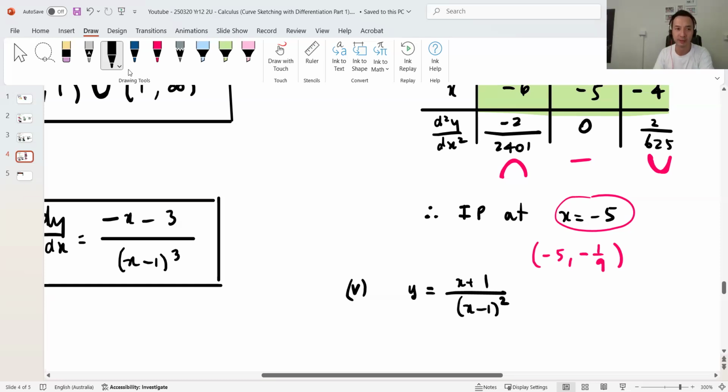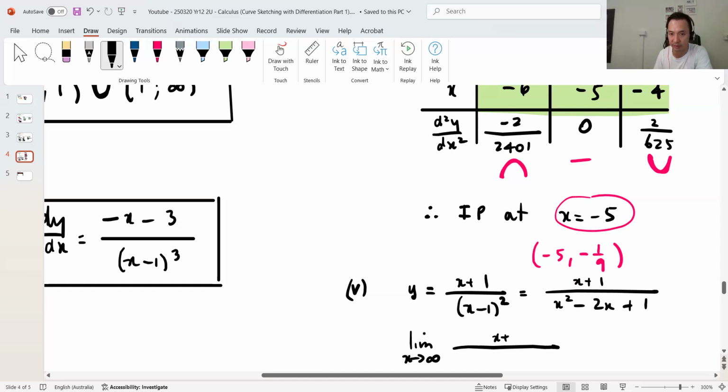If I expanded the bottom, using our limits, minus 2x plus 1. So it's asking me to find the limit as x goes to infinity of this y value, of x plus 1 on x squared minus 2x plus 1.